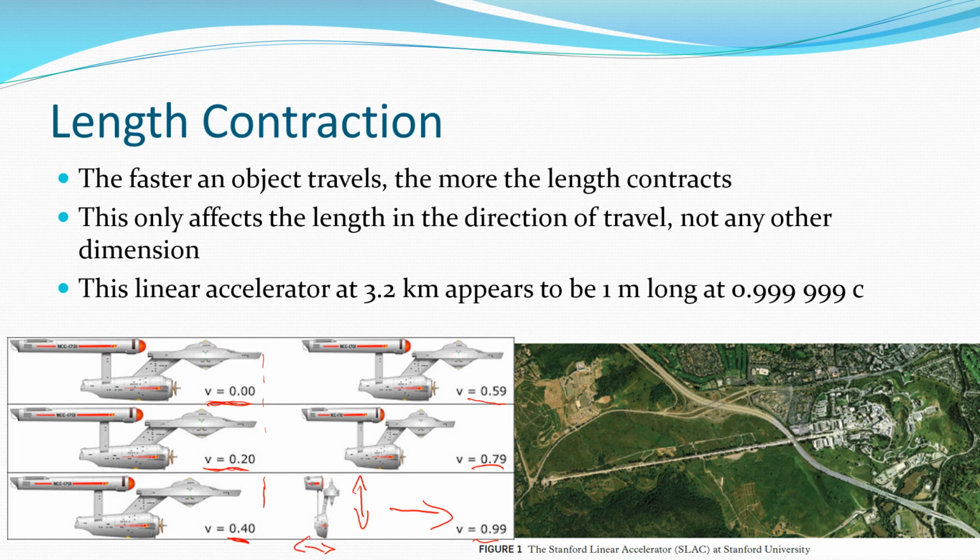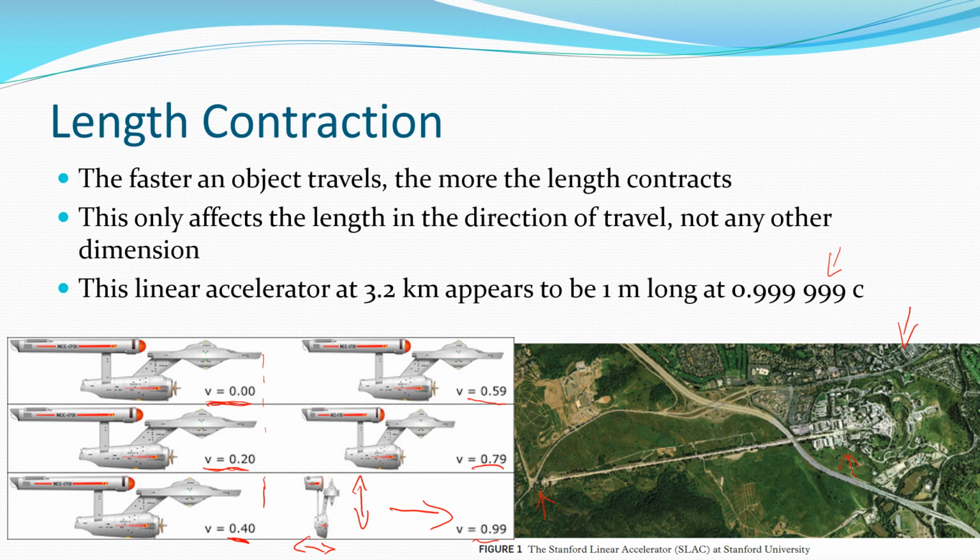If we look at another example of how this actually occurs, here we've got the Stanford Linear Accelerator, Stanford in California in America. This is 3.2 kilometers long. You can look it up on Google Earth. You can see that long straight path, 3.2 kilometers. But when the particles travel down that at that percentage of the speed of light, this 3.2 kilometer track appears to be 1 meter long to those particles.